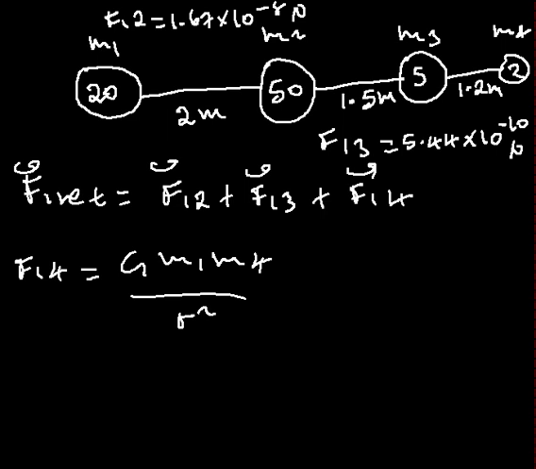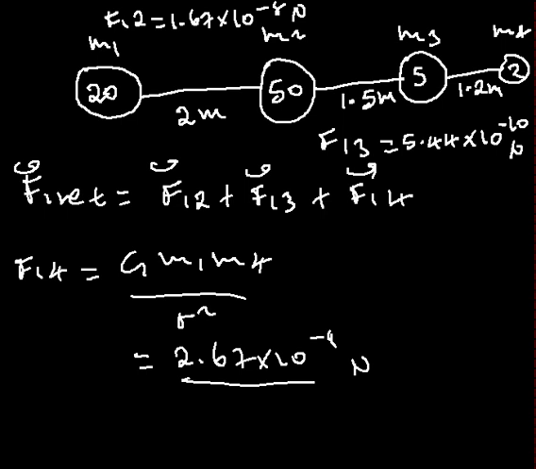And that should be given as 6.67 times 10 to the power negative 11 times mass 1, that is 20, and mass 4, that is 2, and that is given as 2.67 times 10 to the power negative 9, divided by, by the way, we should have it in newtons, so be careful with the units there.